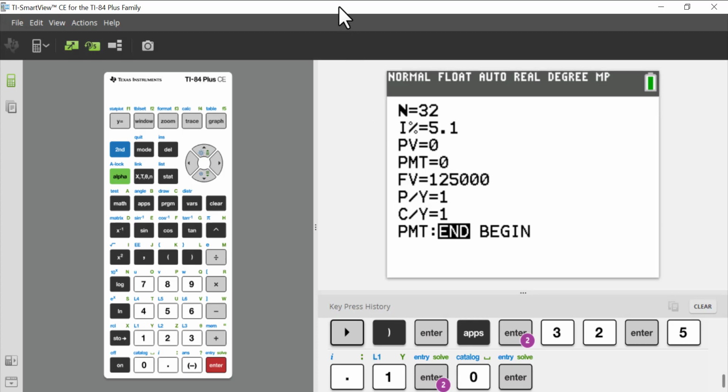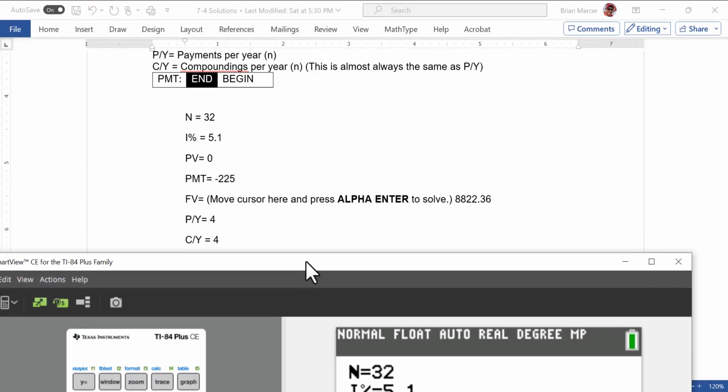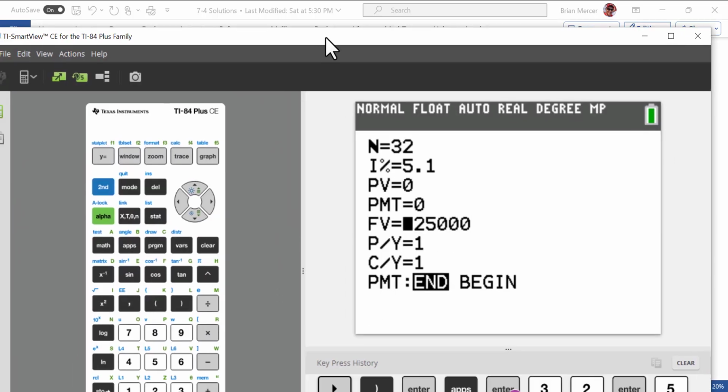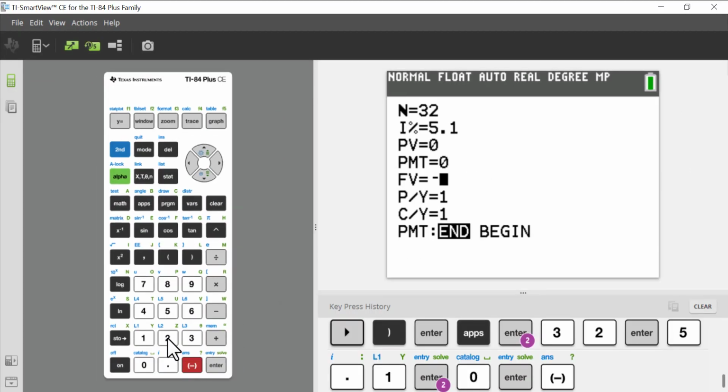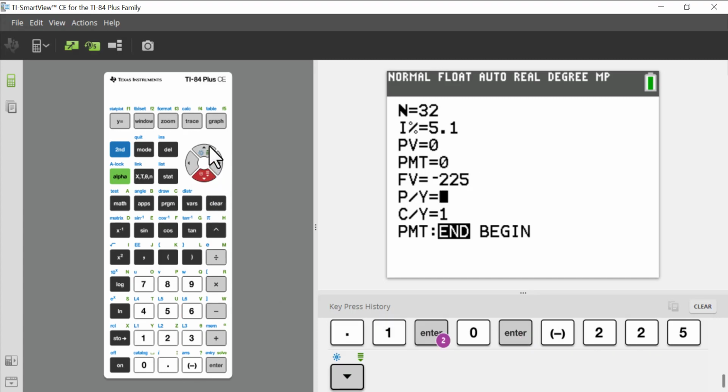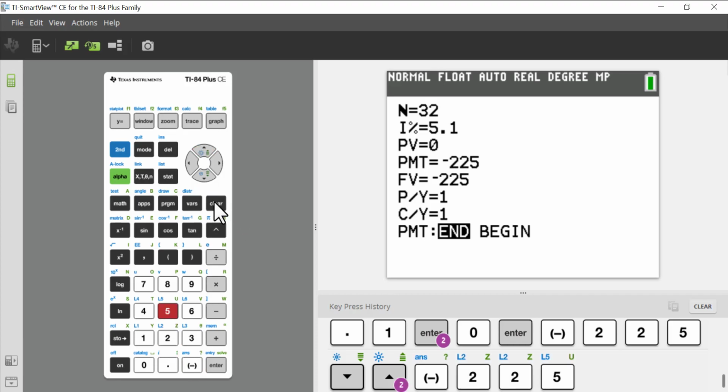I'm sorry, payment we do know. Payment was the one that was 225, so we put that in as negative 225. So negative 225. And then, oops, I got off a row. Negative 225. Future value is, you can put anything because that's what we're going to calculate.